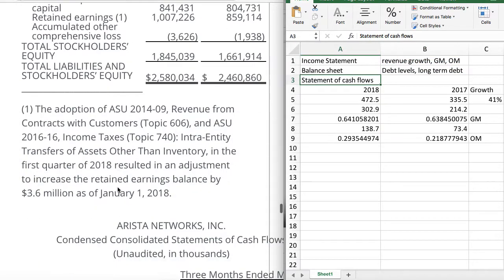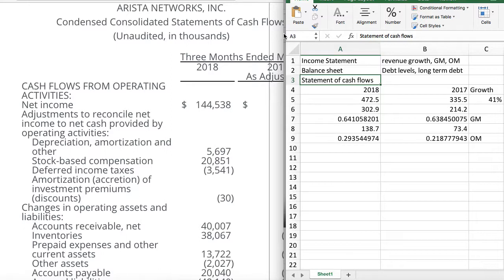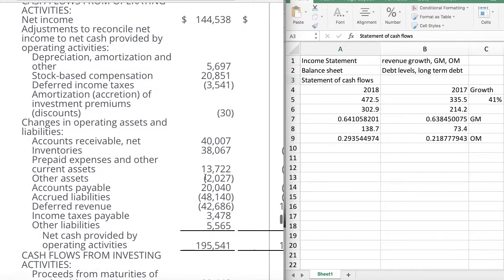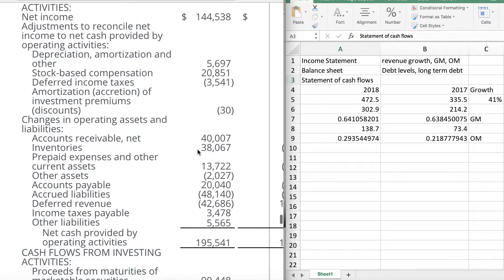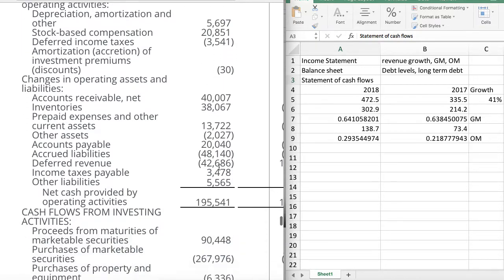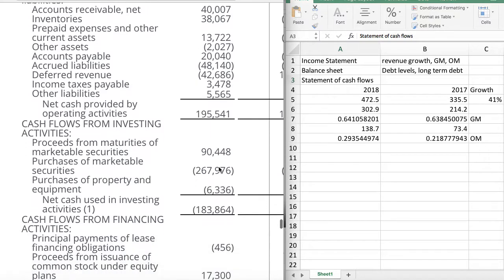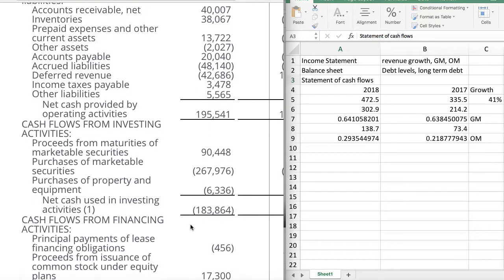And then let's move down to the last statement, the statement of cash flows. And so here we see the statement of cash flows. And the thing you really want to focus on is free cash flow. So free cash flow is operating cash flow minus the PP&E, or the purchases of property and equipment, also called capital expenditures. So that's the thing we're really going to key in on. So we see in 2018, 195.5 million in operating cash flow.